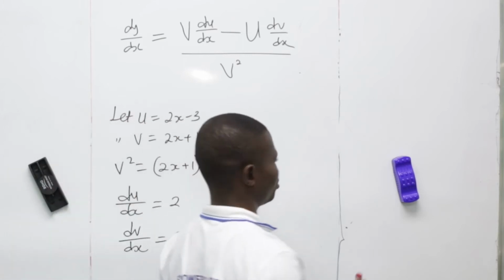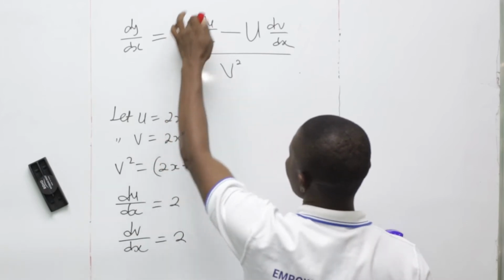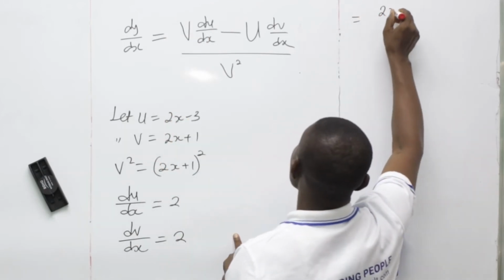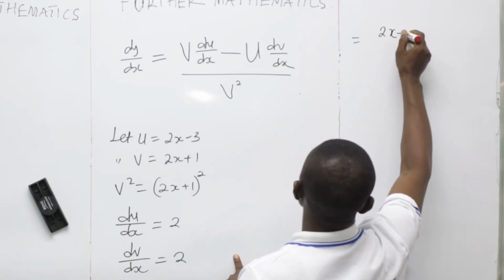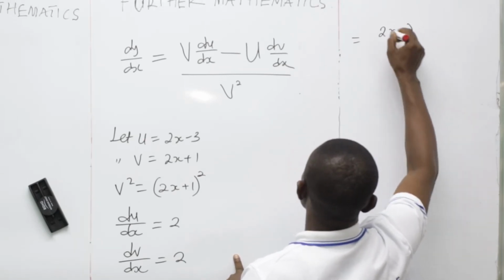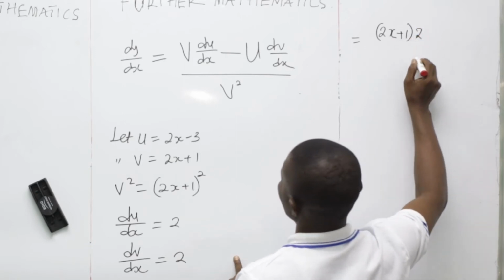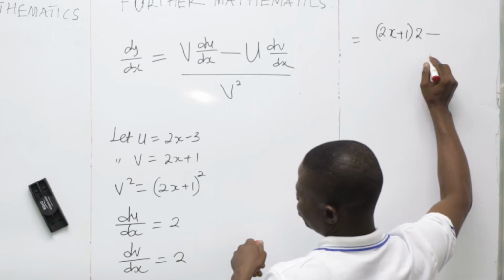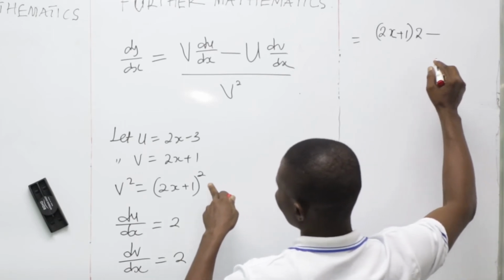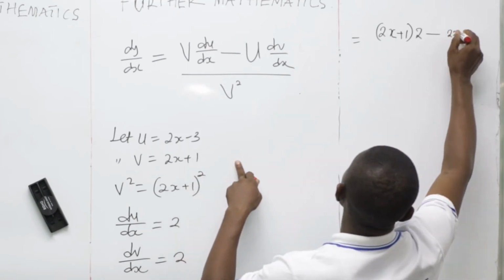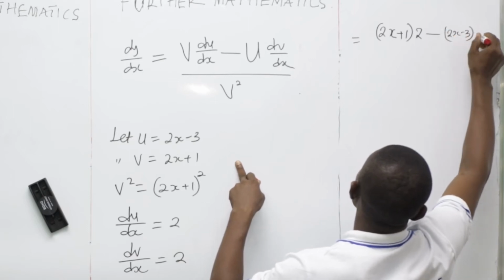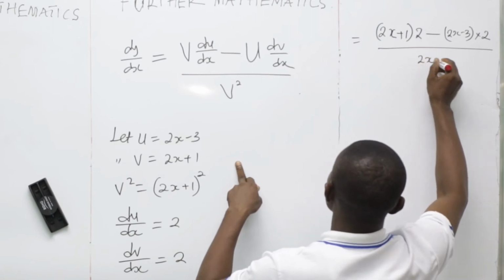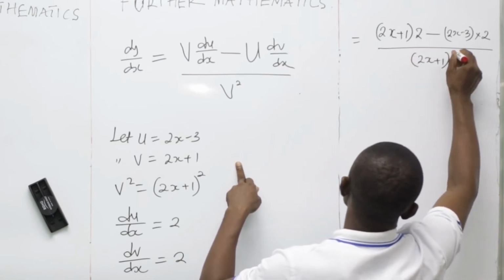Time for substitution. v du/dx, what is v? 2x plus 1 multiplied by du/dx, minus u. u is 2x minus 3 multiplied by 2, all over v squared, (2x plus 1) all squared.